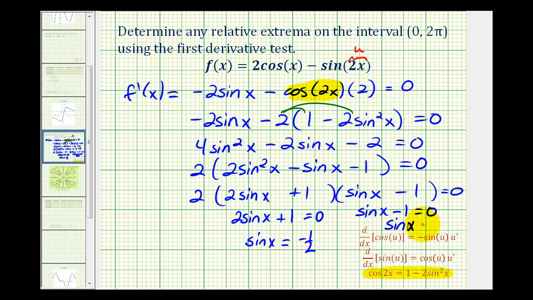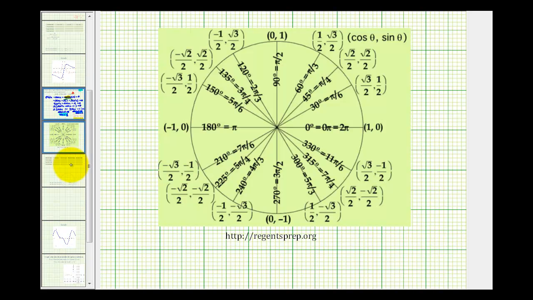So now we'll determine the angles on this interval where sine x equals negative 1/2 and where sine x equals 1. Let's take a look at our unit circle. So we're looking for a y-coordinate of negative 1/2 as well as a y-coordinate of positive 1.